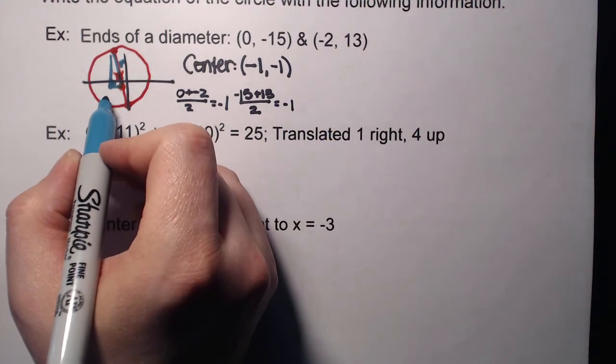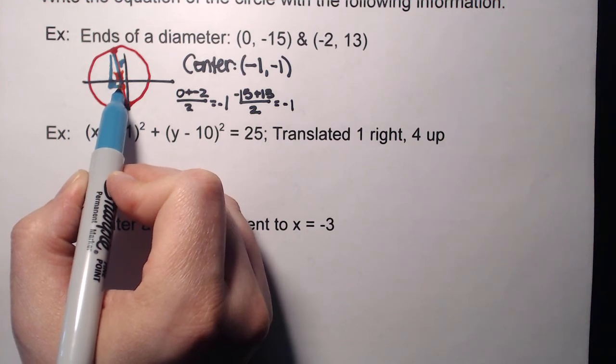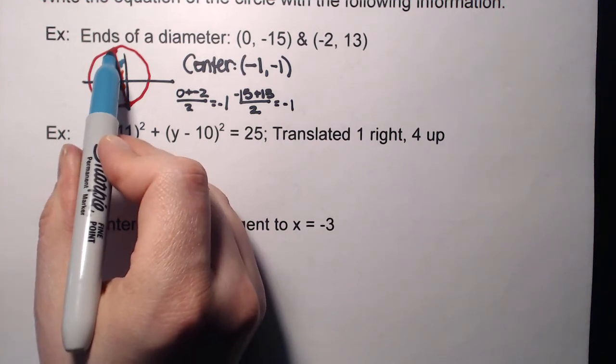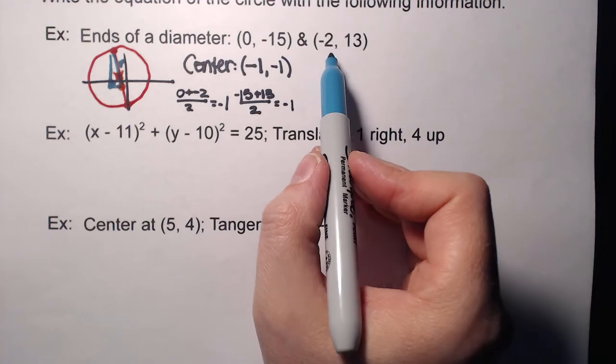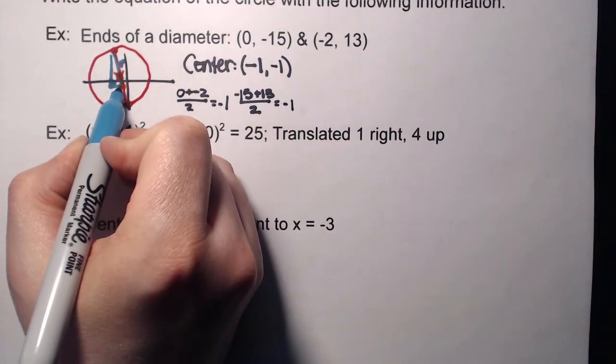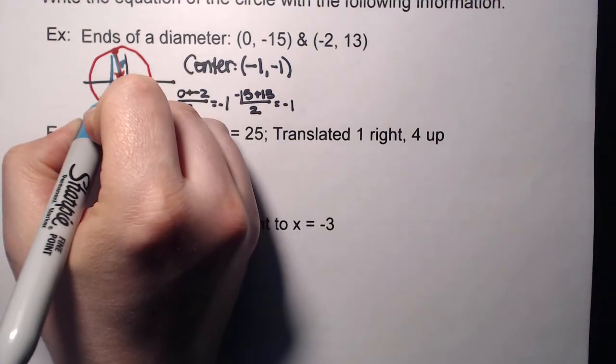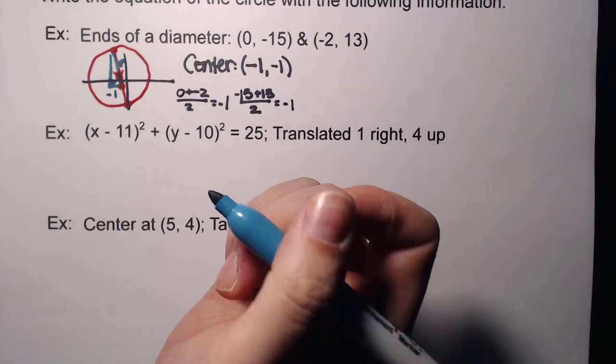So the x from the center to this point up here, that was our (-2, 13). If the center is at -1, and I need to go to -2, I'm going back 1.